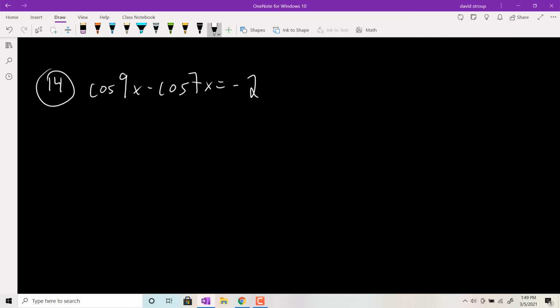So -2 sine of (alpha plus beta), so that's going to be, in this case, (9x plus 7x) all over 2, and then times sine of (alpha minus beta), so (9x minus 7x) all over 2. And then that will turn into -2 times sine of 16x over 2, right?